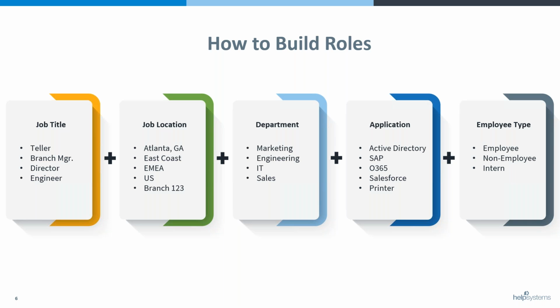For ad hoc requests, such as a current user that just needs access to a new application, building roles based off of application is a common way to organize those roles. So for instance, you might have a printer role.